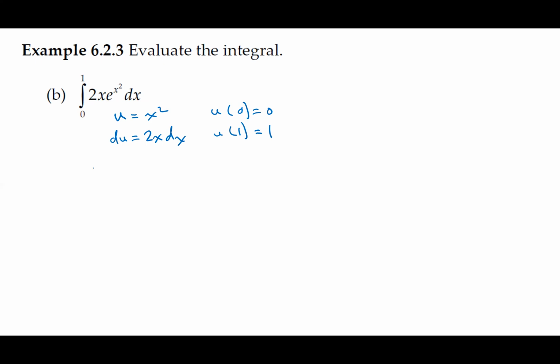And so this integral then will become the integral from 0 to 1. And notice that we have 2x dx, which is our du. And so e to the u du, which is equal to, well, integral of e to the u is just e to the u. We are evaluating from 0 to 1. And so we get e to the 1 minus e to the 0, better known as e minus 1.